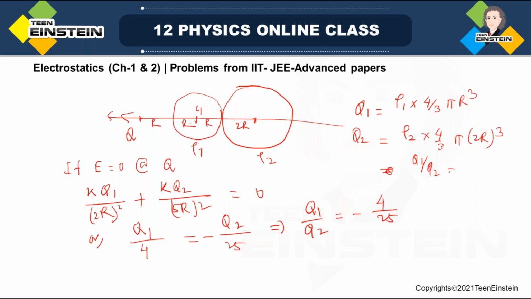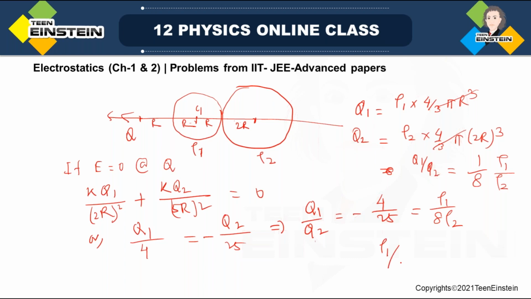This goes off, so Q1 by Q2 is rho 1 by 8 rho 2.